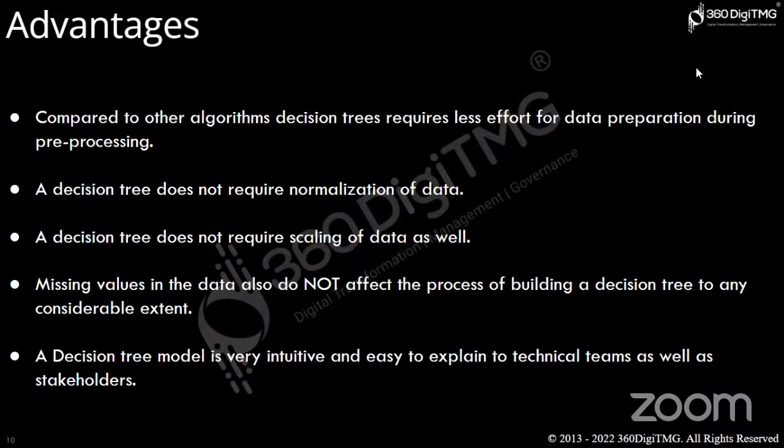A decision tree model is very intuitive and easy to explain to technical teams. So finally, I'm going to get a tree. Based on the tree, I can explain what is happening, which classification zones are better, and in which cases I'm going to get this particular value.